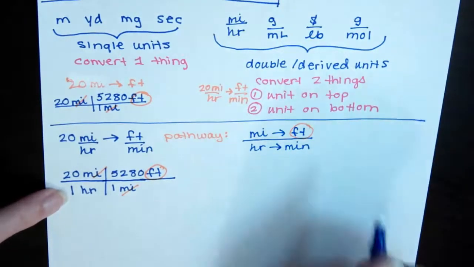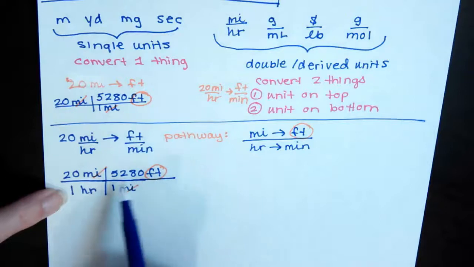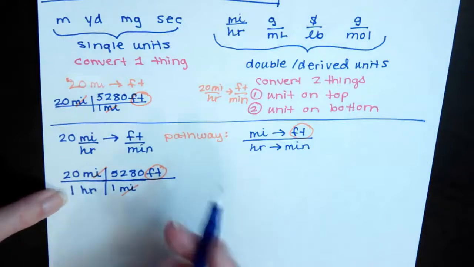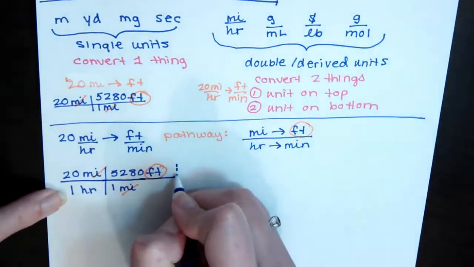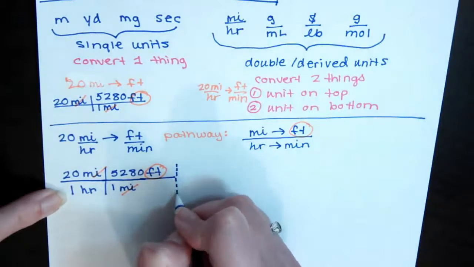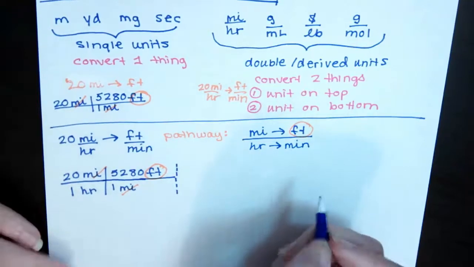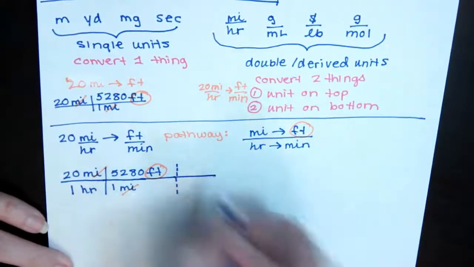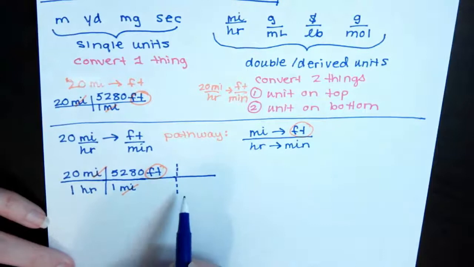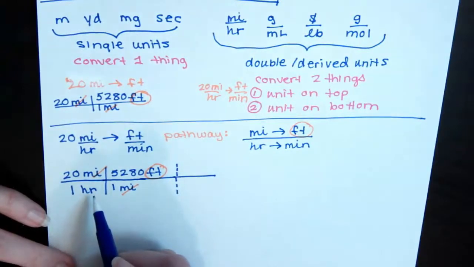So there's lots of ways people like to show that they're coming back to do the bottom unit. You could, instead of putting a solid line, put a dashed line, you could put a squiggle line. It doesn't really matter. You're just trying to show people that you're coming back to cancel this one here.